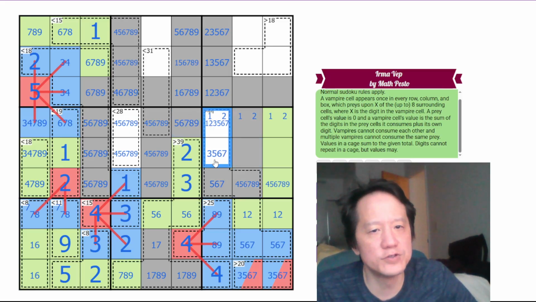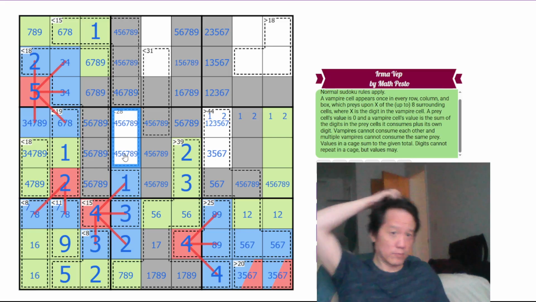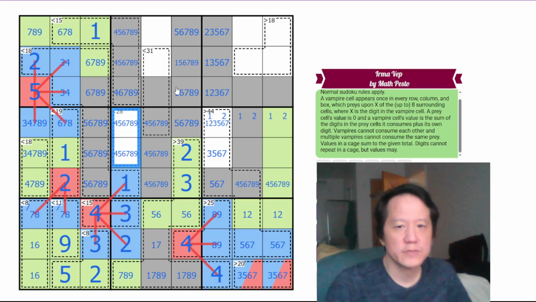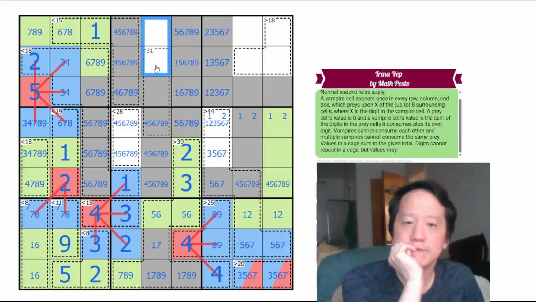So either of these two could be the vampire. Either of these two could be the vampire. Any of these 4 could be vampire. Any of these 2 could be vampire.